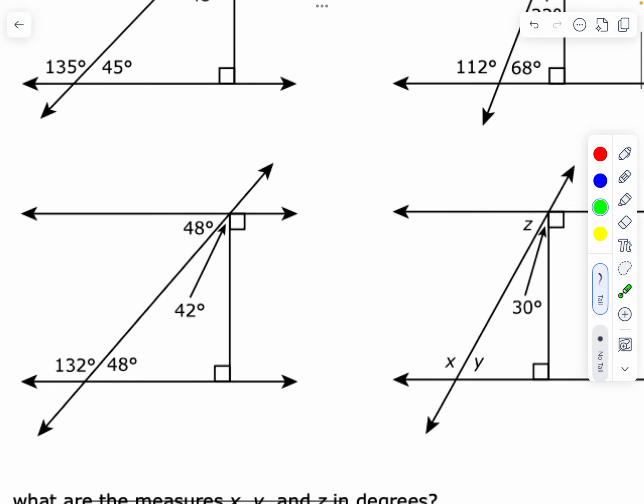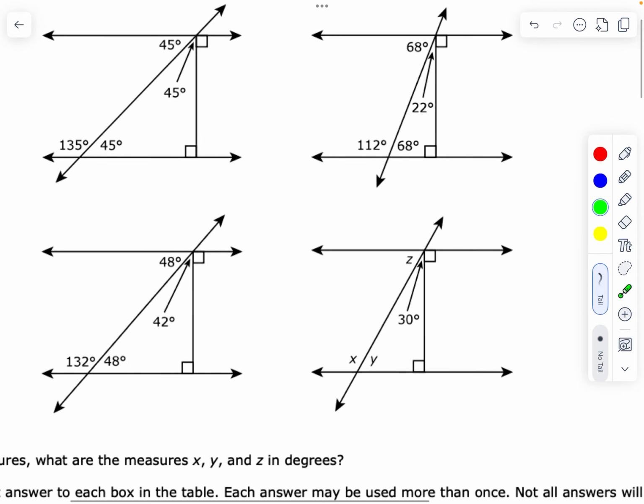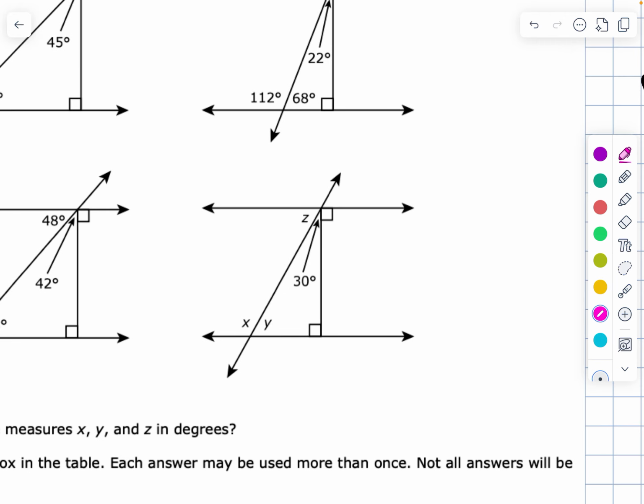And in this one, this angle is equal to this angle. So they're showing you how to figure out y and z. If you figure out one, then you get the other one. But you can actually solve these without understanding the transversal, but they're giving it to you in a way. So let's go ahead and look at it both ways.